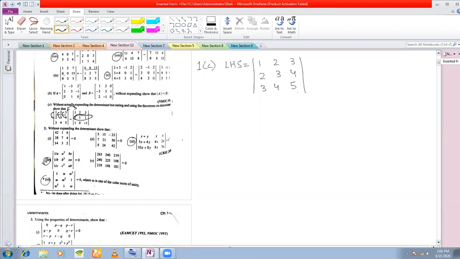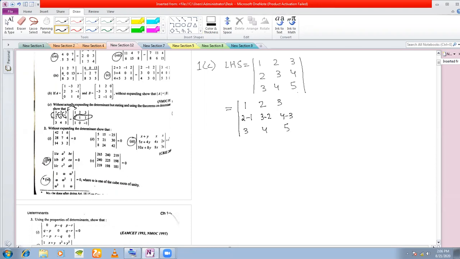Will you obtain the second row or not? Yes. So what you do is write 1, 2, 3 as it is, because you're not making any changes to the first row. You are subtracting the first row from the second, so this will become 2 minus 1, 3 minus 2, 4 minus 3. And you write 3, 4, 5 as it is.